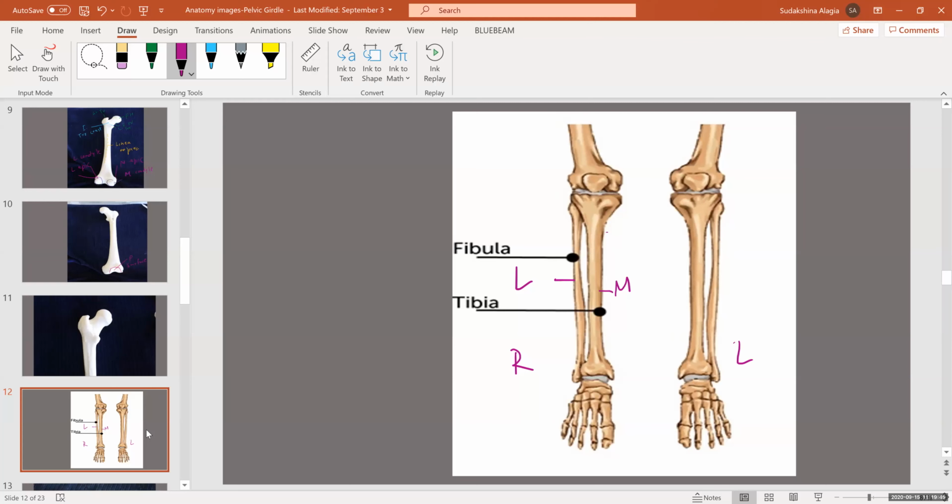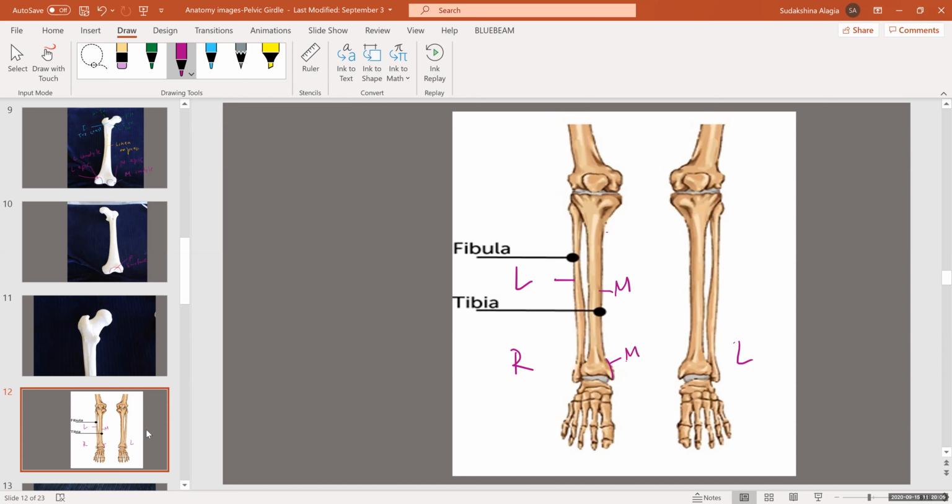Medial malleolus. Of course, tibia is the medial bone. It's the first thing I'll identify in the tibia by malleolus. The head of the tibia is, of course, very clear too.